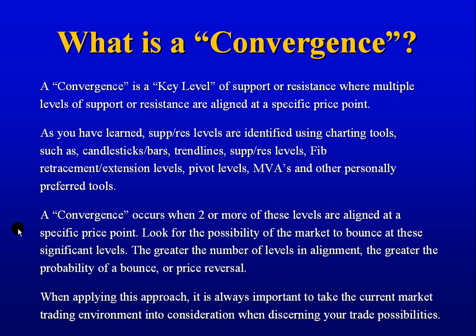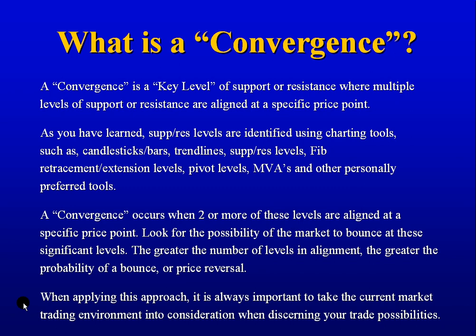And what we're looking for is a possibility of the market to bounce at these significant levels, or depending on market sentiment, we even may be looking for that significant level to break through. And it may be a core level that traders on a global level are looking at and watching to see whether that level is going to hold or whether it's going to break. So we're looking for the possibility of a bounce or a reversal.